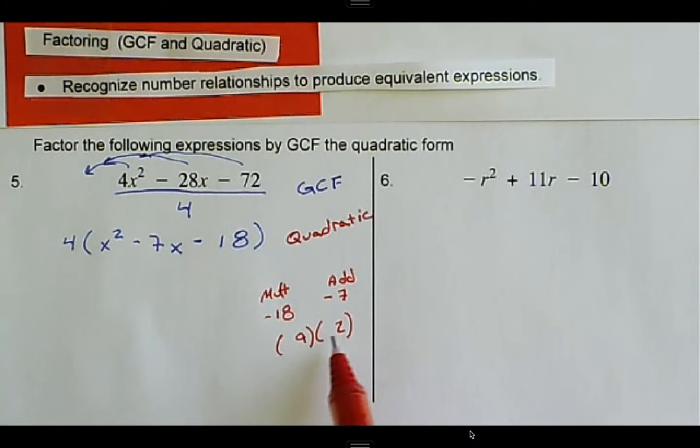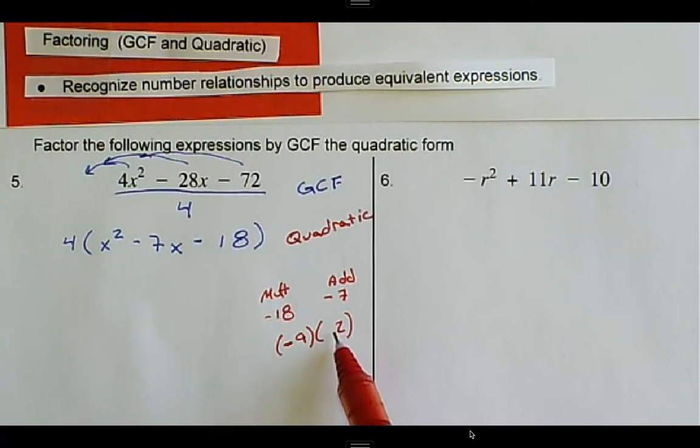So one of these has to be negative. And we also know that it needs to add to negative 7. So we need the larger number to match whatever sign this is. So in this case, it's negative. The larger number is 9. So the sign in front of the 9 has to match the sign in front of the 7 in order for that to take place. And we can check it.